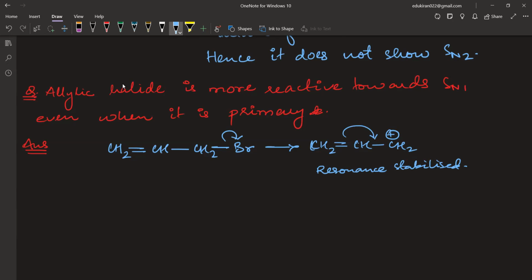And if it is formed very easily, then allylic halide will be more reactive towards SN1. So what is the reason?